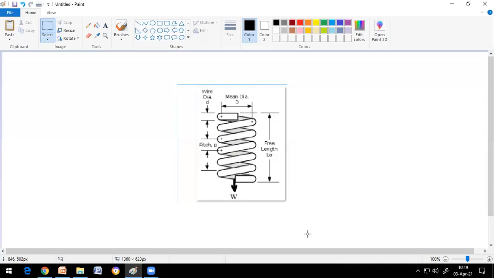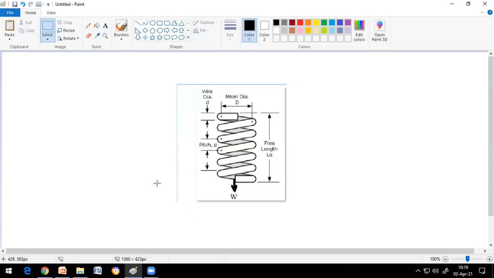Can you see some image, spring image? Guys, please respond. Guys, can you see my screen? Yes, sir. Okay.